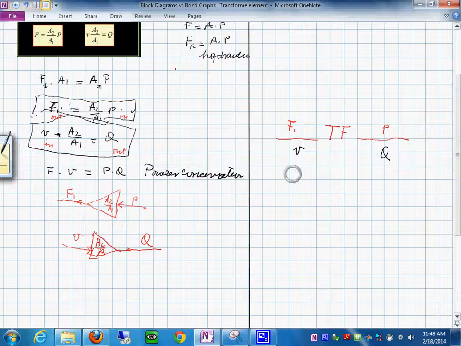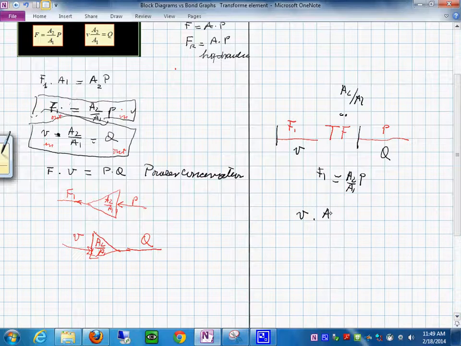P is the input and F is the output, so it's like that, and it represents both of these. This says P multiplied by A2 over A1 equals F1, and V multiplied by A2 over A1 is equal to Q. So this is equivalent to this block diagram.